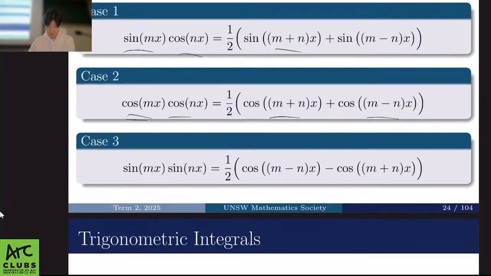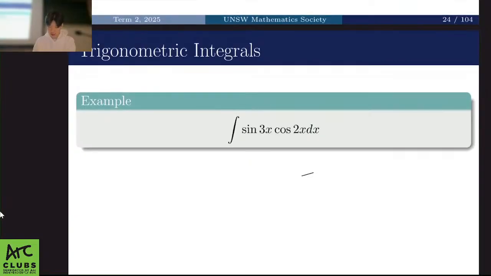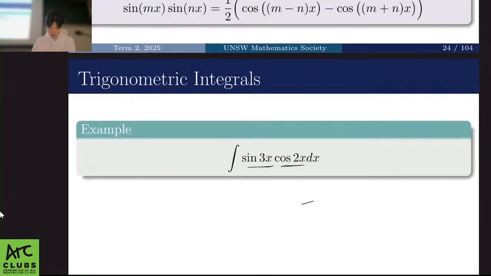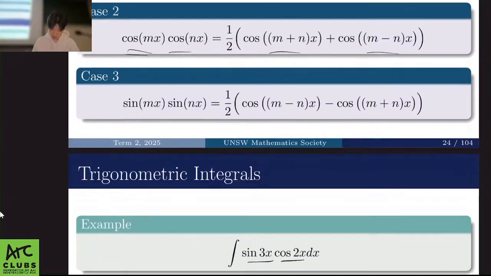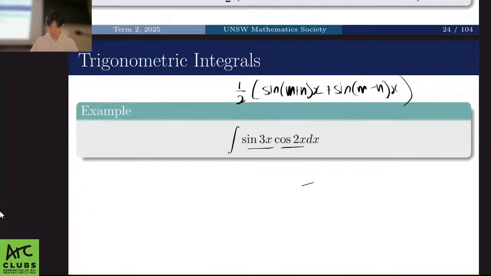That's what it is. So I want to use these cases here. So I see that it's a sine cos. So that means I want to use the formula half of sine(m plus n)x plus sine(m minus n)x. So here I see that m is going to be 3 and n is going to be 2.